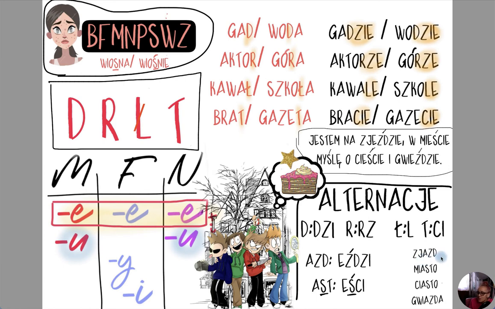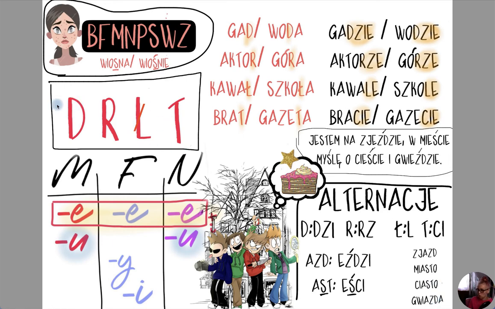Now, you can see that zjazd, as a masculine noun, has the letter D at the end. Miasto, when we drop the O, regardless of the gender, we've got T, then another T, and when we drop the A here, we would have the D letter.